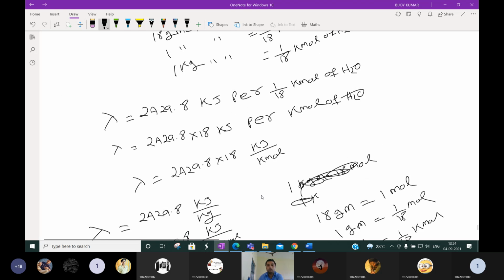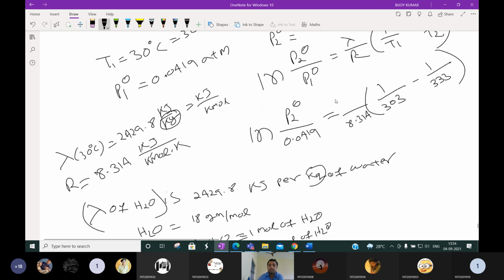Let us put it, 2429.8 into 18. Then calculate and find the P2 value quickly. If you calculate this P2 value, it will come nearly equal to 0.199. You just calculate it.